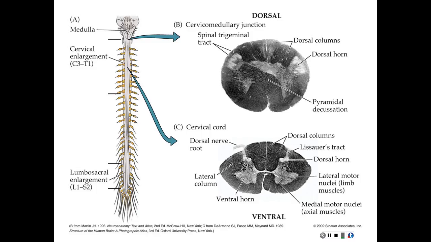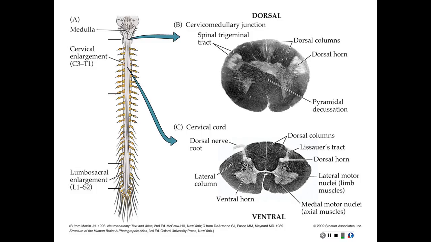And pyramidal is referring to the corticospinal pathway. And we think about this crossing as being the pyramidal decussation. It's an old term to specifically describe the corticospinal pathway. So that's where pyramidal comes from, and the idea of decussation is crossing. Left to right, right to left.